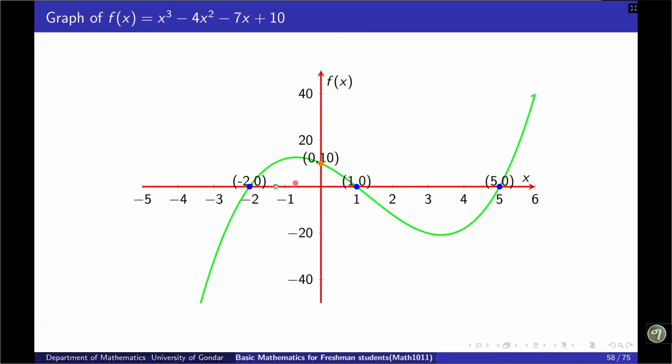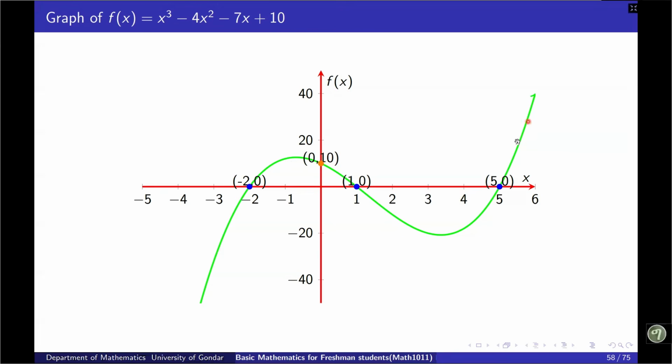The x-intercepts are (minus 2, 0), (1, 0), and (5, 0). It has two turning points, because for a polynomial function of degree n, at most the graph will have n minus 1 turning points.